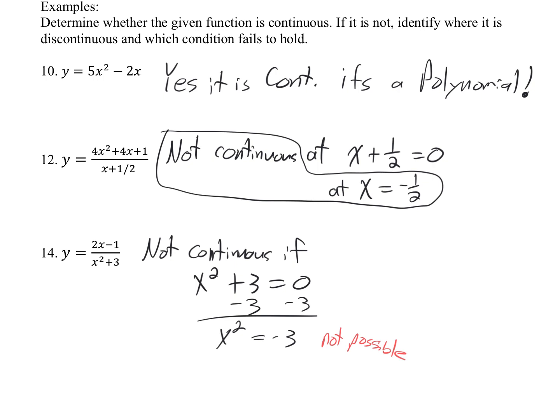If you don't notice that in this line, the next step would have been to take a square root, so then you would have to notice it in the next line. x would be equal to plus or minus the square root of negative 3, but the square root of a negative is not a real number, so in this line you would have to then say this is not real. All right, well, let's answer the question. If it is not possible that our function is not continuous, then we would say, yes, the function is continuous.